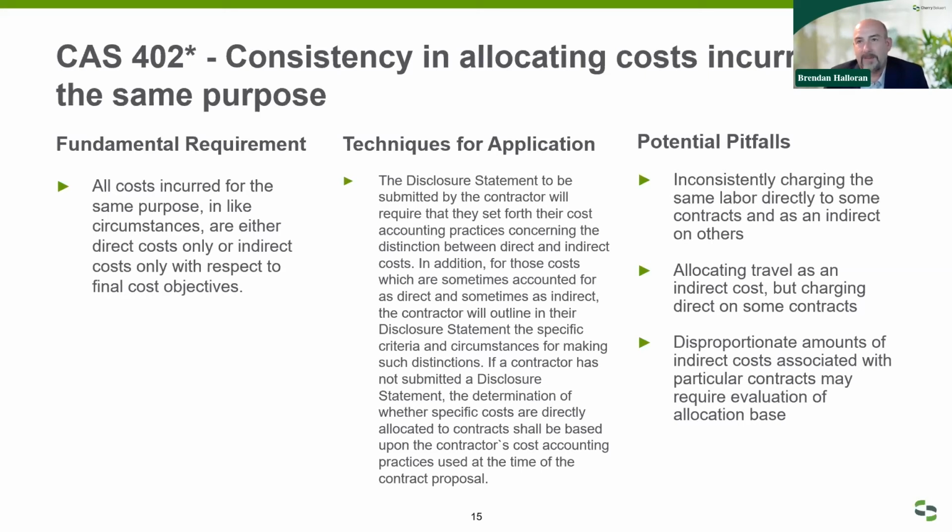And then another bullet point here is that there are particular contracts that may represent a disproportionate amount of the indirect costs. That opens up the consideration of, do we need to reevaluate what that allocation base is? Is it equitable among your contracts, or is one benefiting disproportionately from a particular service or related costs?